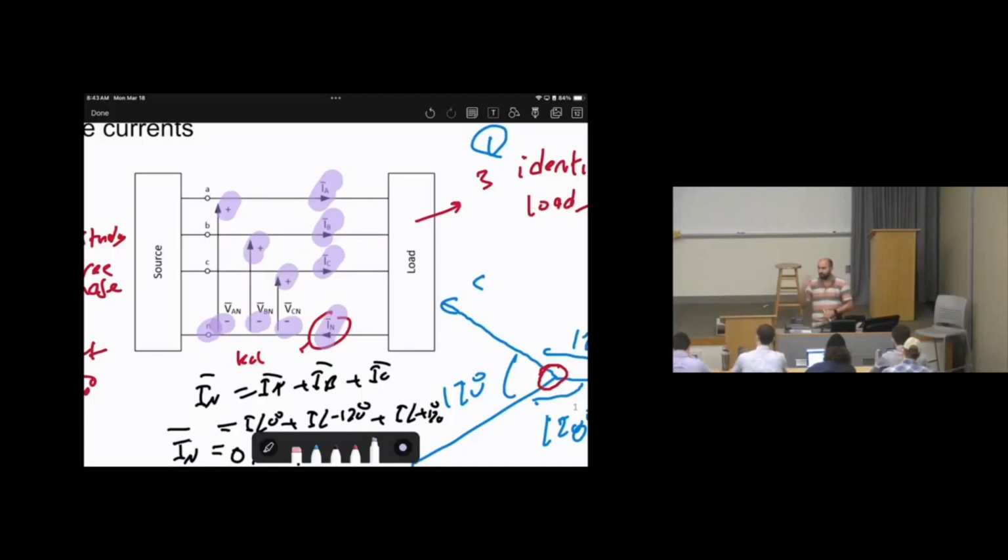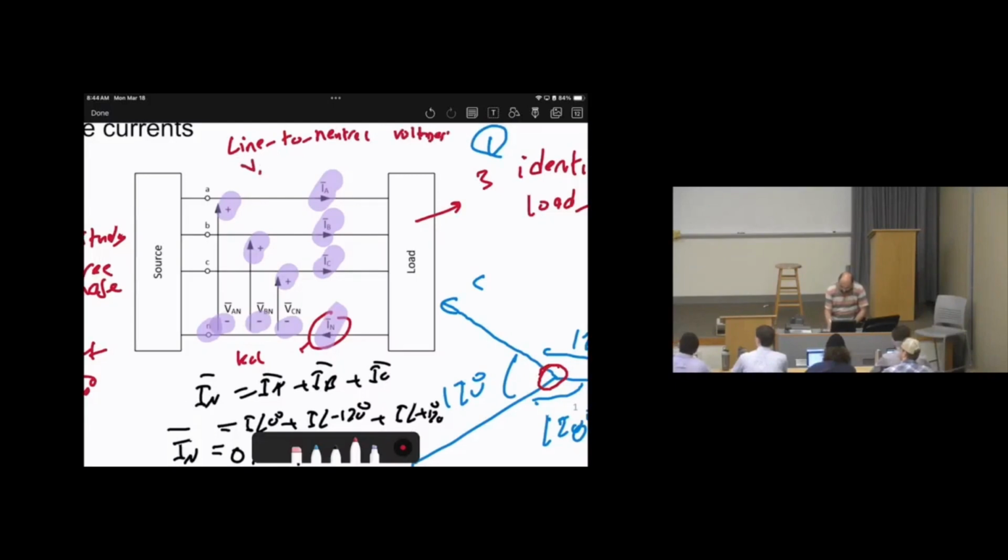Therefore, we have 4 currents and 3 line-to-neutral voltages. We say this as line to neutral voltages.